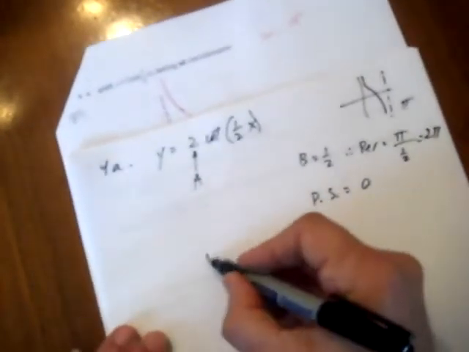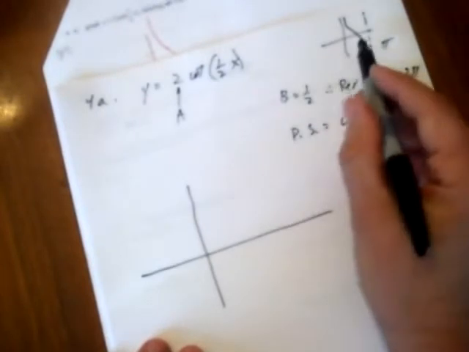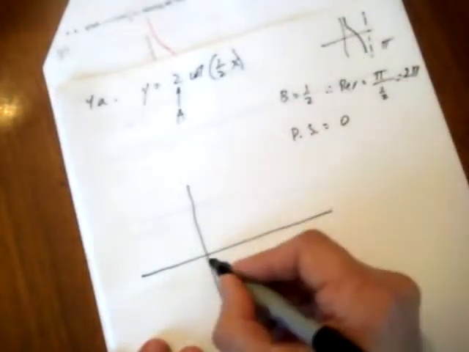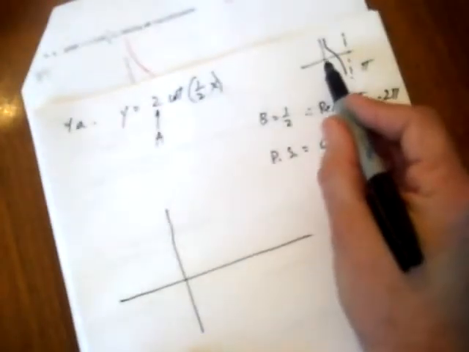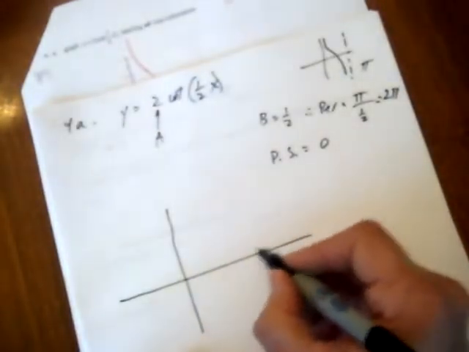So let's label it. Let's put our graph. Now the cotangent does not go through 0, 0. That's important. One or two of you actually, I think, put it through the middle, through the origin. So we have to recognize that for cotangent, what's actually being stretched by the adjustment of period is the right asymptote.